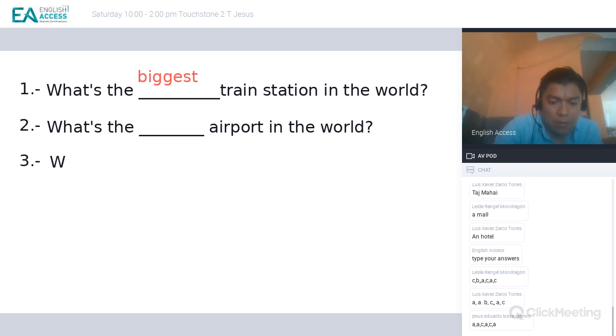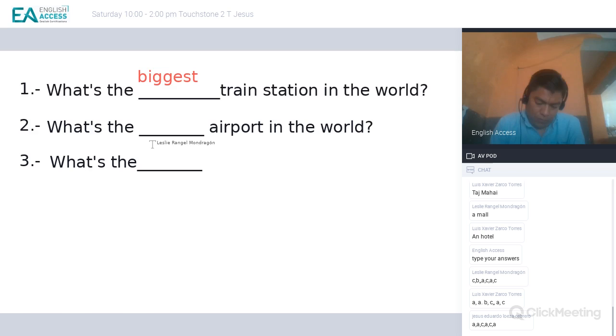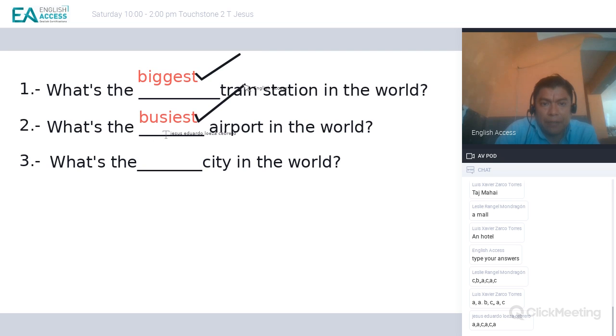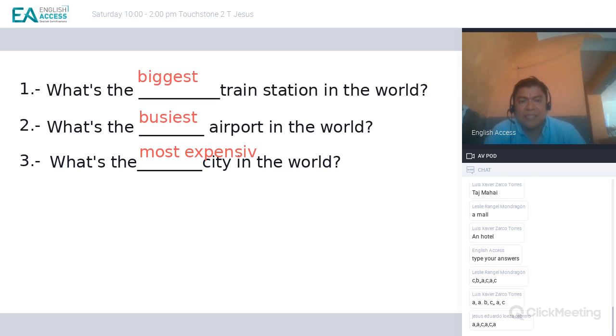And number three, what's the most expensive city in the world? Let's see. What's the biggest? Yes, biggest is correct. Easiest. Perfect. Correct. Actually, number three. Yes. There you go. The most expensive. Perfect.